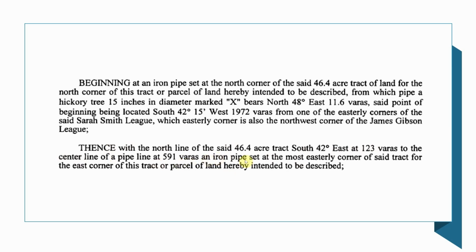So when you're drawing this, in reality what you're doing is you have your point of beginning, you set south 42 degrees east, and you go 591 varas, and that's your next corner. You can make an additional point, 123 varas along that line, to mark that piece of evidence that you might want to recover in the field to help back up your boundary retracement.